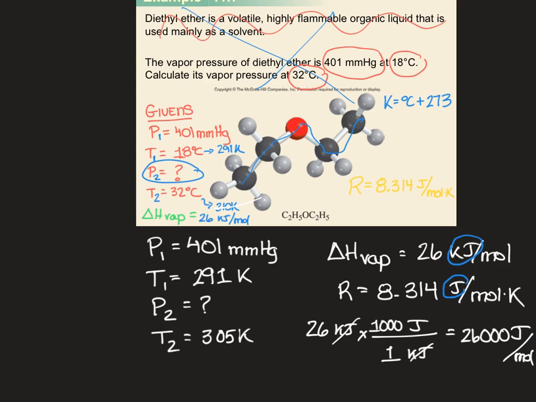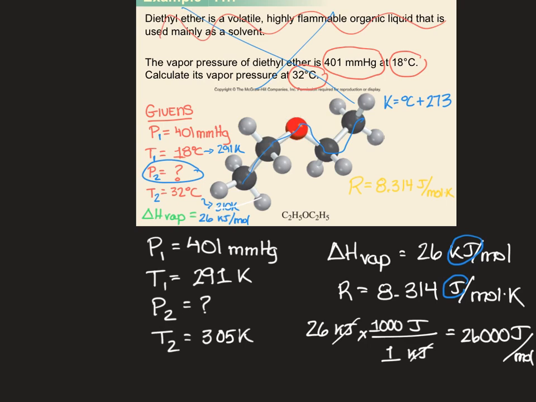Okay, now, I've got it on the next slide. Everybody's got the notes, but let me show you on the board because I find students struggle with doing the math here. So here's what I would do. 26,000. I'm going to plug everything in over here on the right-hand side. What was T1?